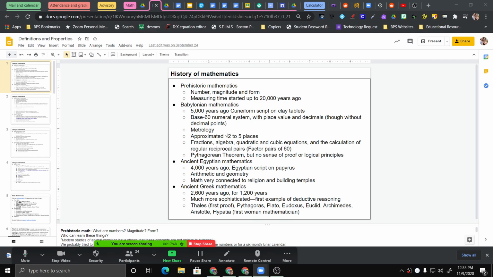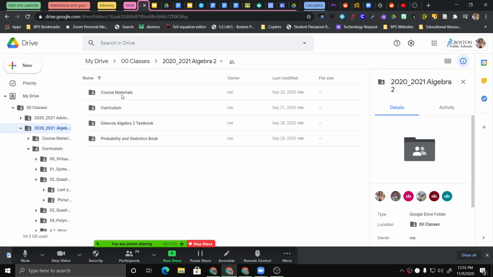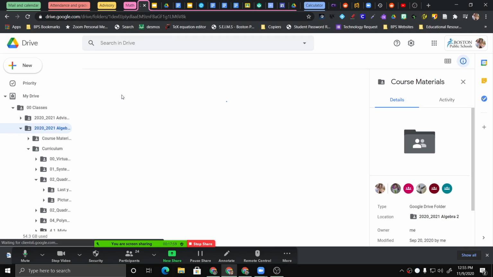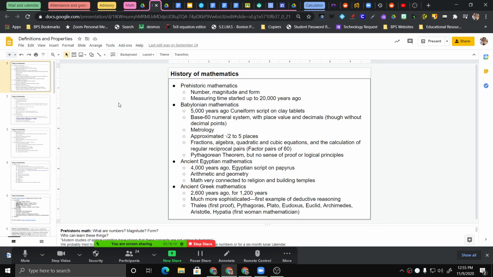Share. So if you are in the class Google Drive page, there's a course materials directory that inside course materials is the definitions and properties file. This is kind of a glossary of the terms for the entire year.